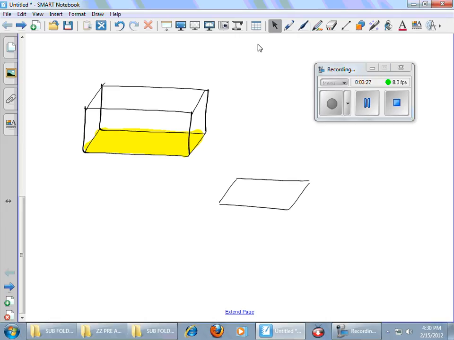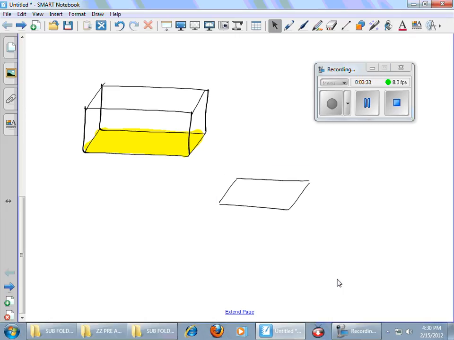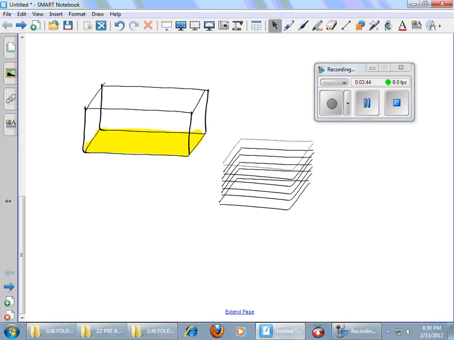It's not intended to be a parallelogram, it's intended to be a rectangle. And then there's a whole bunch of them stacked up on top of each other, like that. See? And if I stack up enough, you can see I get kind of a box thing going on.